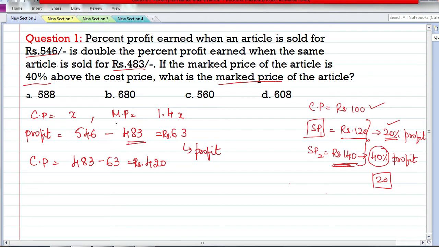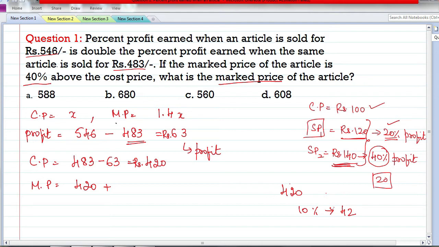So what is the market price? 420 cost price plus 40% of it. To find 40%, I will add 10% four times. What is 10%? In 420, 10% is 42, right? Just exclude the last digit if it is a 0. Otherwise, you have to put a decimal point there.